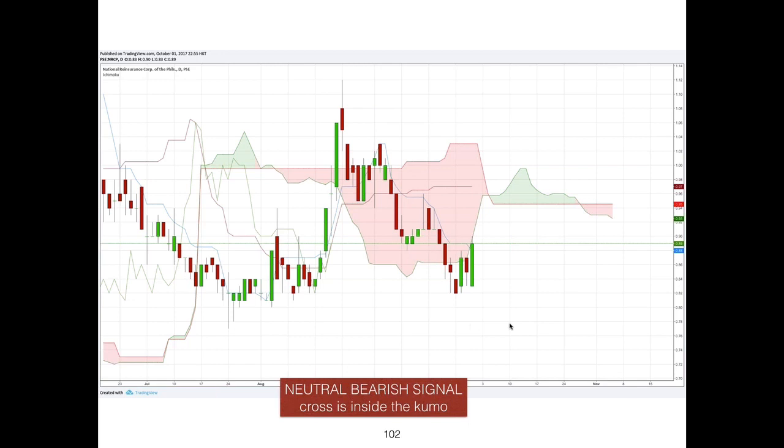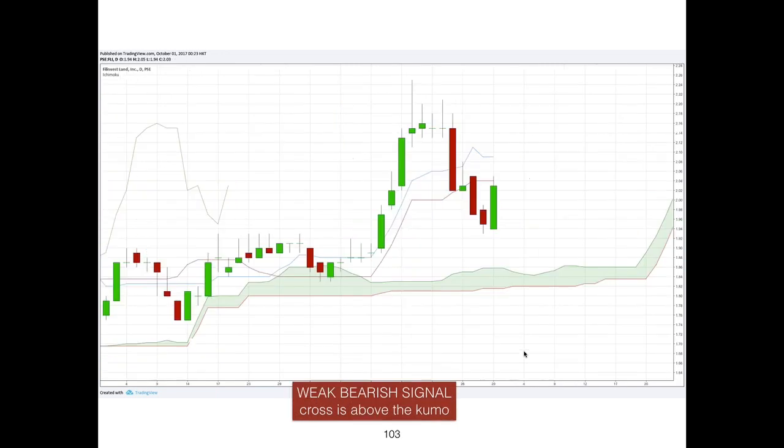NRCP made a neutral bearish Kijun-sen crossover when price went below the Kijun-sen inside the Kumo. FLI made a weak bearish signal when the price broke below the Kijun-sen while it is above the Kumo.